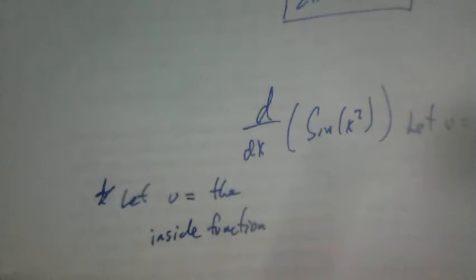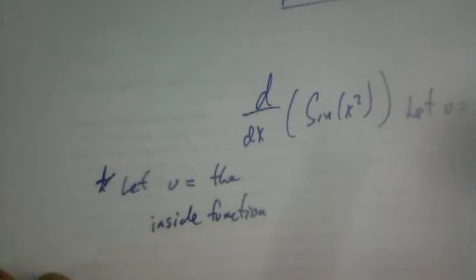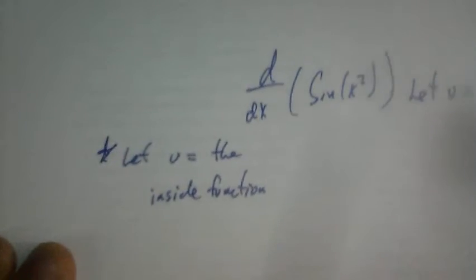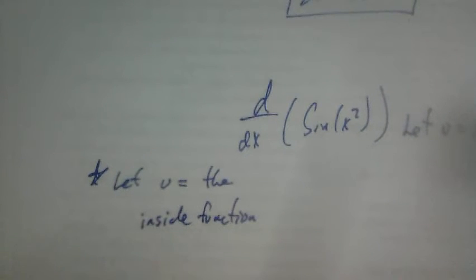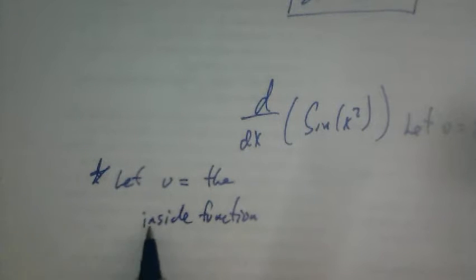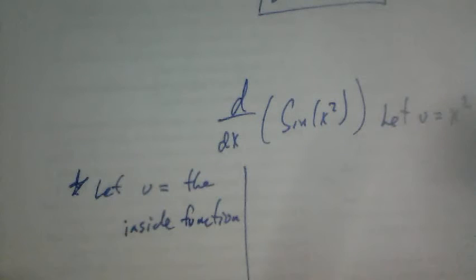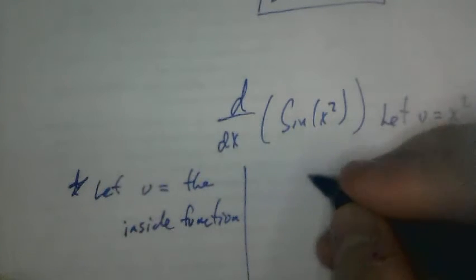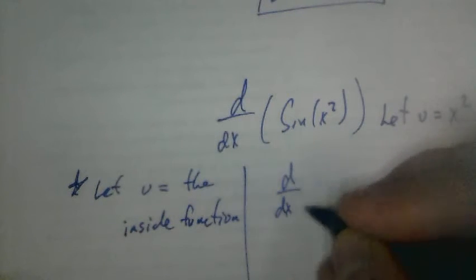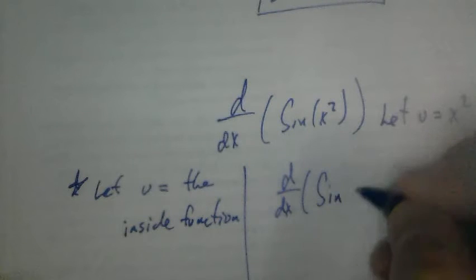It's the commonality that you do that, and it just works out because remember you're multiplying times the derivative of the inside function, and that's what we're going to do here. Even though we're using derivatives here, it's the same thing. So this becomes the derivative of sine of u, right? Okay.